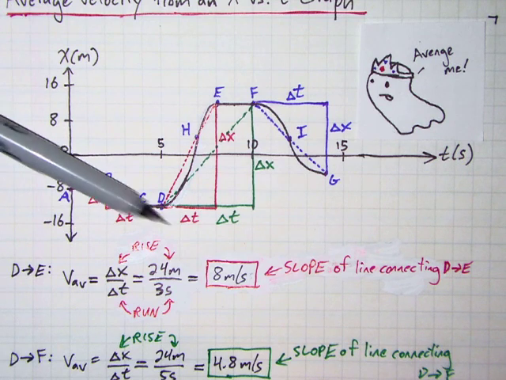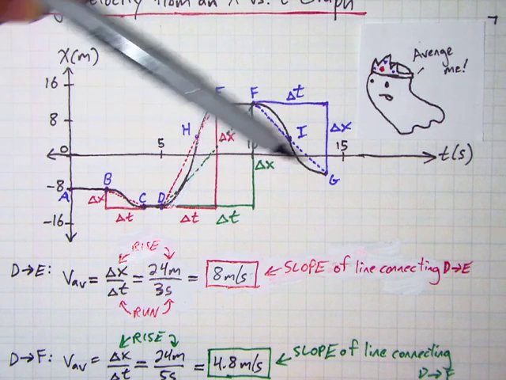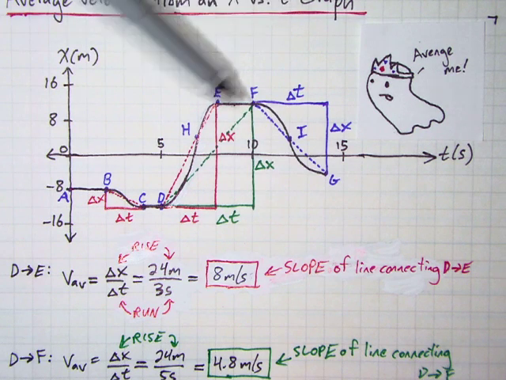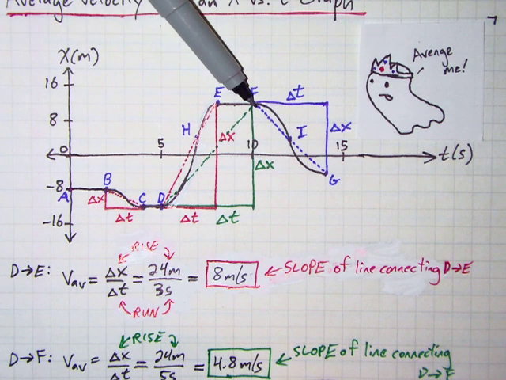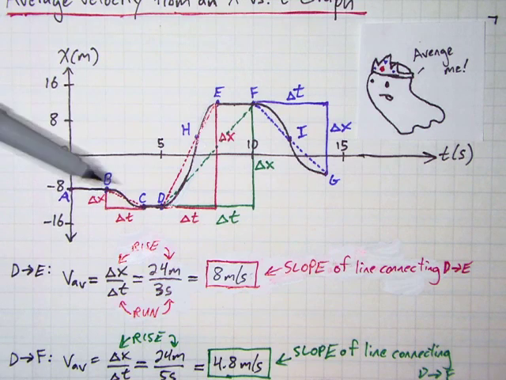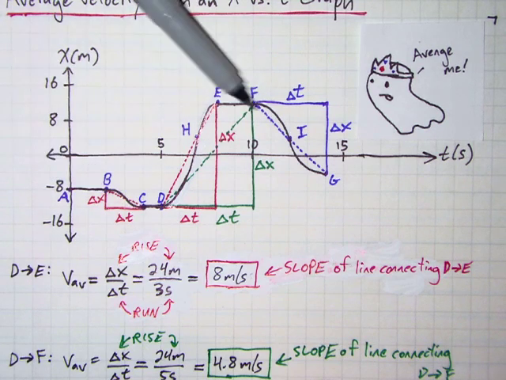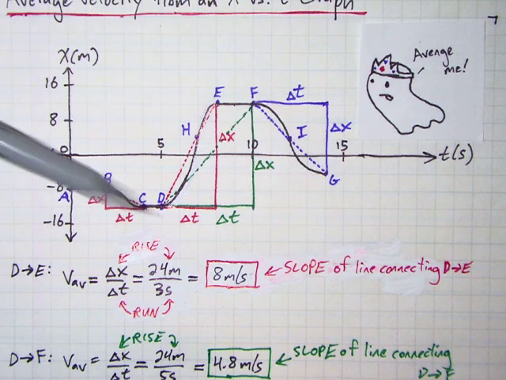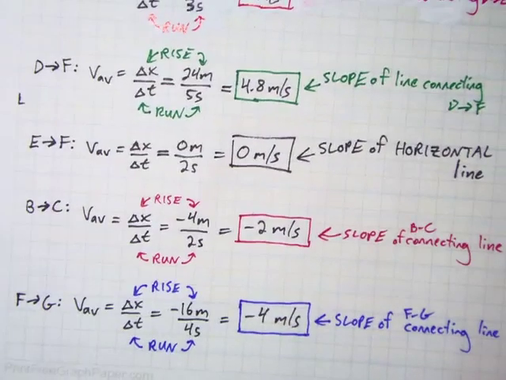That's a more shallow slope right there than this one right here, which tells me that I have a greater velocity in the negative direction between F and G than I do in the negative direction between B and C. So this is going to work out to be a more negative slope than this one. And we do the calculation to see that that is indeed the case.